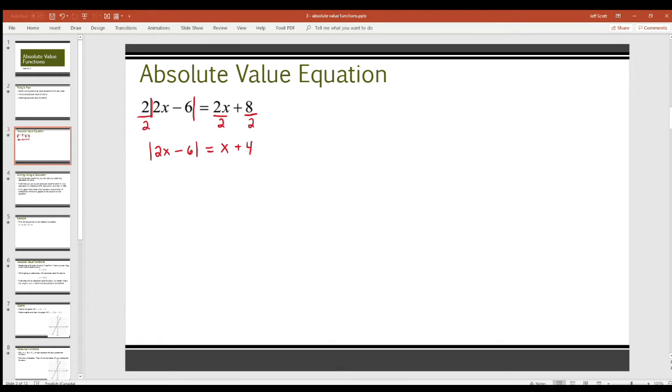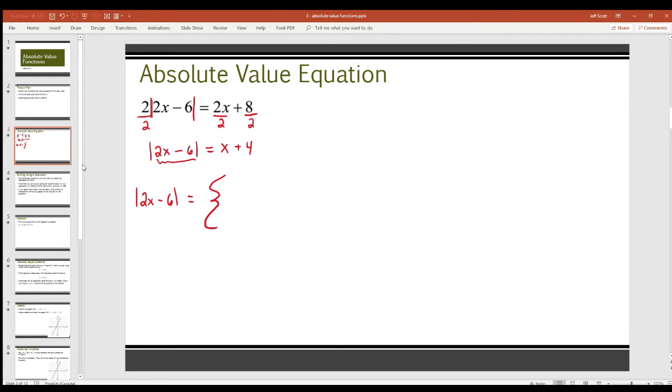Now, you might remember absolute value equations are a little bit weird because the stuff inside the absolute value can be equal to a positive piece, or it could be equal to a negative piece, because either way, it's going to be spitting out a positive relative answer, right? So what we do is we actually break this down into what I call a piecewise function. This is going to become the absolute value of 2x minus 6 equals these two different pieces.